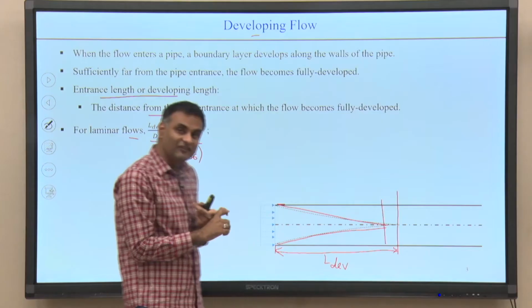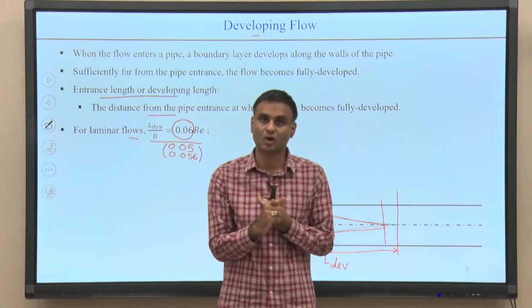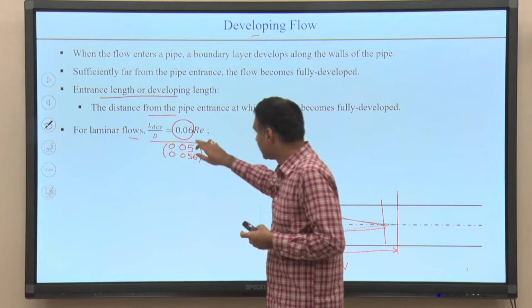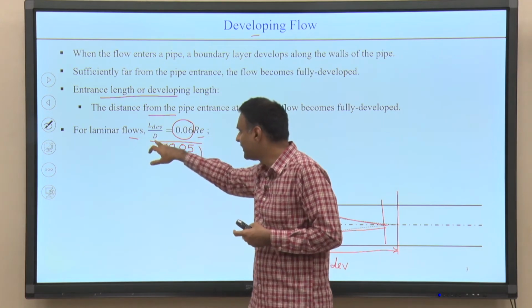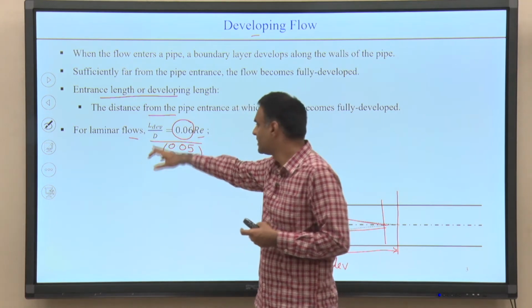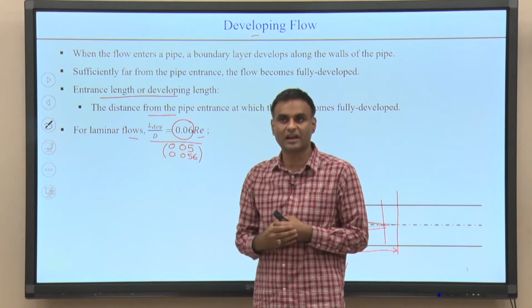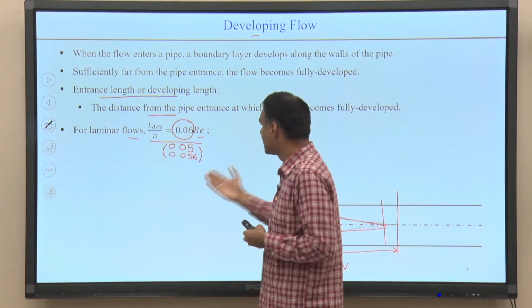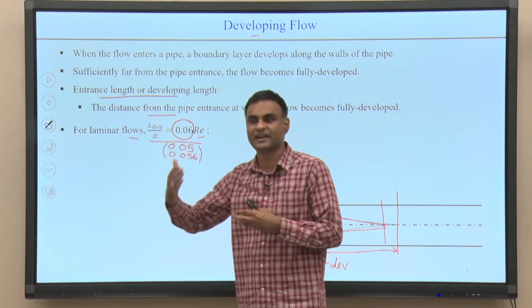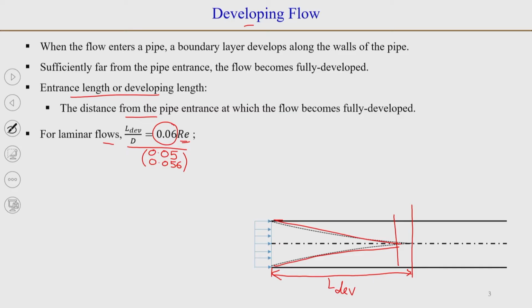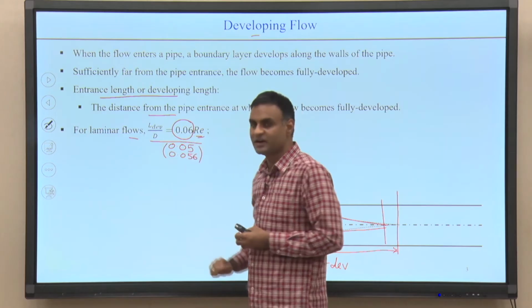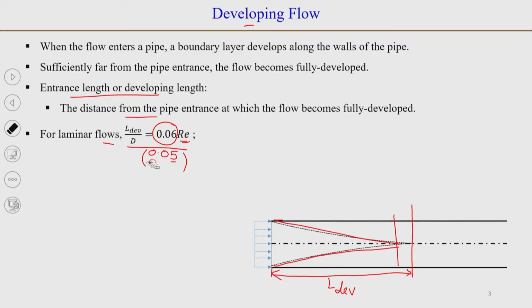So, the development length depends on the Reynolds number, and in non-dimensional terms you write L by D for developing. If you want to find the length, it will depend on the flow Reynolds number and the diameter. So, L by D is equal to 0.06 Re.